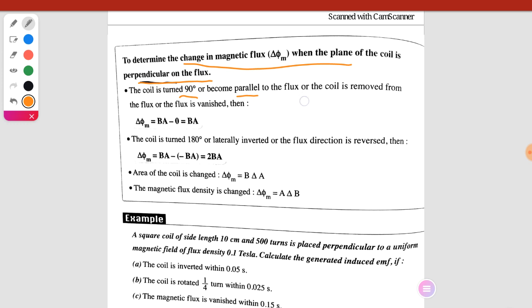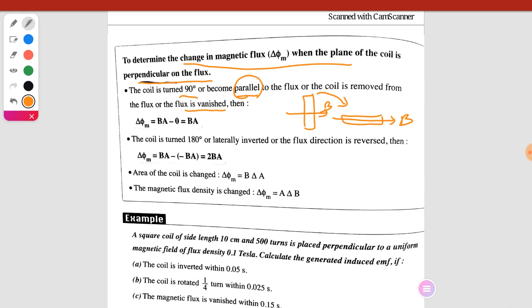If this is the first position of the coil, the coil rotated by 90 becomes in this position. In the first state it is perpendicular; in the second state it is parallel to the magnetic field. So the flux vanishes, because the coil is parallel, not perpendicular.